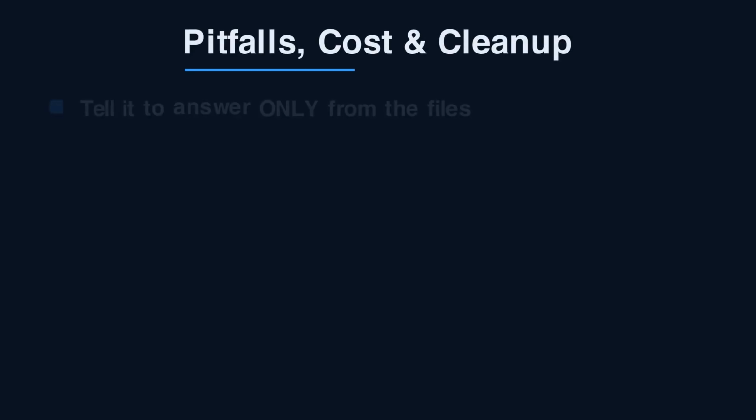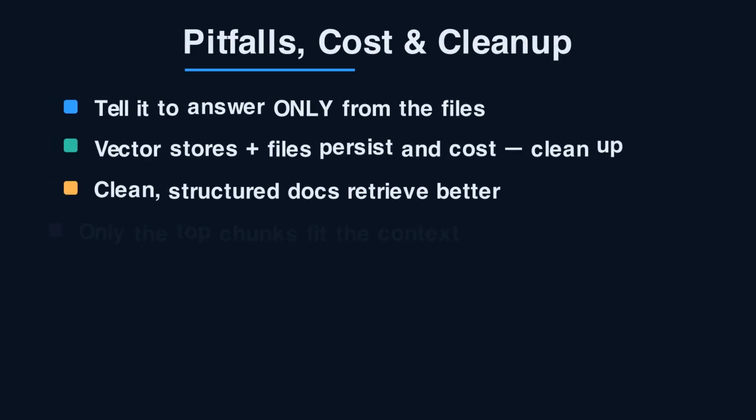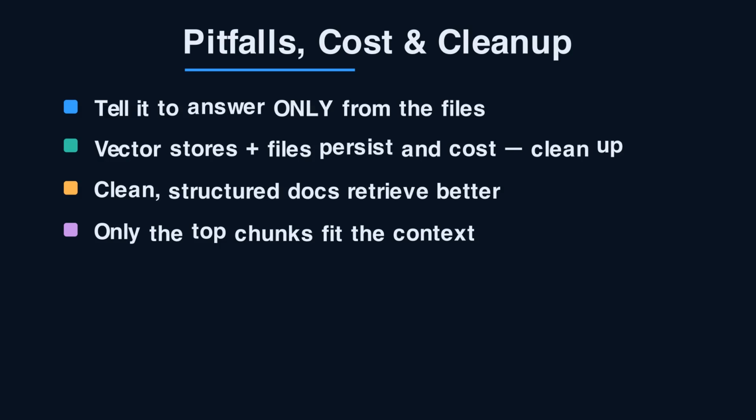The practical notes. First, grounding is only as good as your instructions. If you do not tell it to answer only from the files, the model may blend in its own knowledge, so be explicit. Second, vector stores and files persist and cost storage. Delete the store, the files, and the agent when you are experimenting, and reuse them in production rather than recreating them each run.